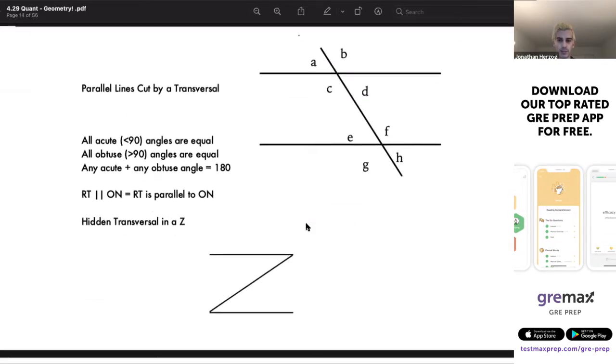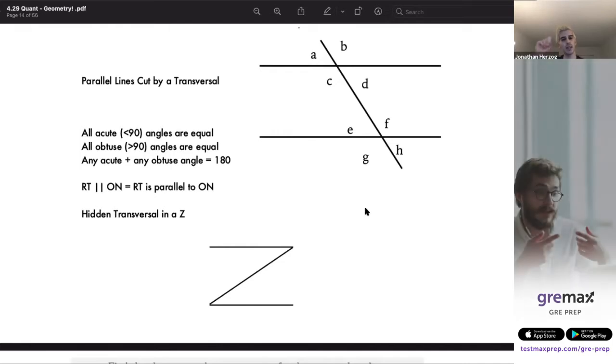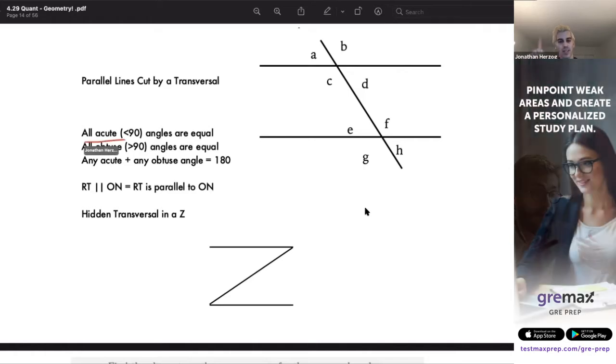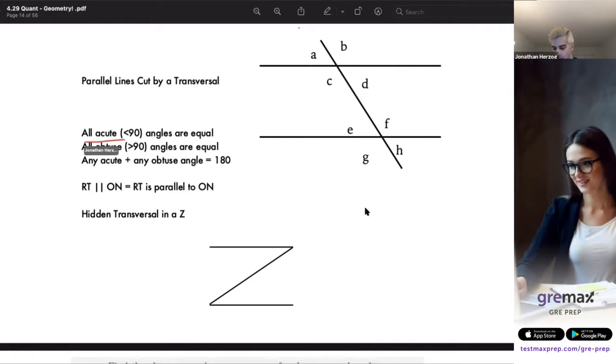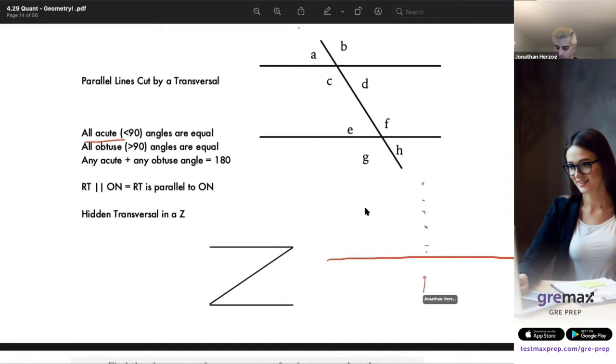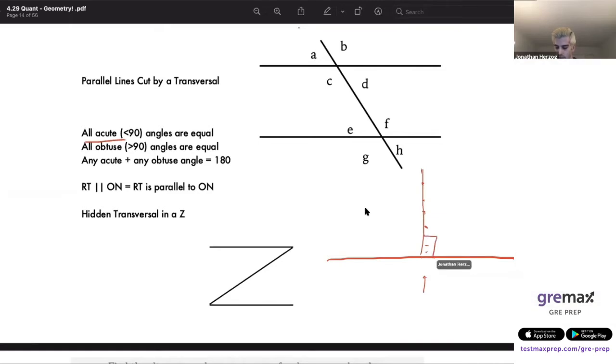All right. Parallel lines, lines that do not intersect, cut by a transversal, a third intersecting line. So we're introducing many terms of art that may or may not be familiar. Acute, or less than 90 degrees, we can imagine this as a hinge of sorts, a hinge at this 90-degree mark.